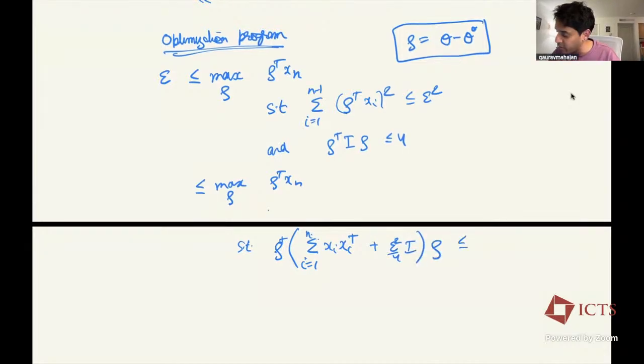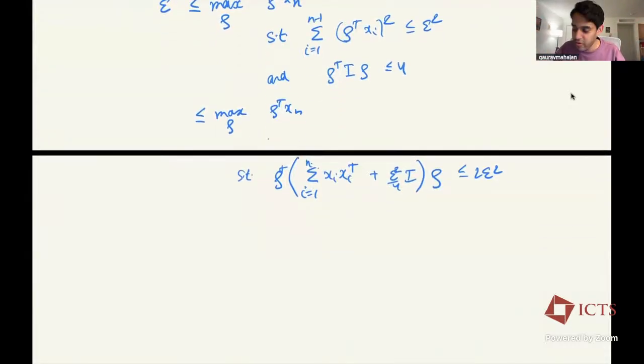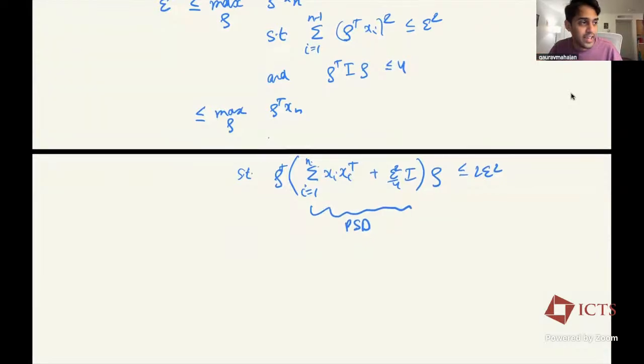I just want to make them the same scale. Okay, so anything which satisfies the upper constraints will satisfy the lower constraints, but the other thing might not be true. So it's a slightly bigger set. Okay, and so this is a PSD matrix. And this is exactly Vn. So this is basically saying that the value of this program is just root 2 epsilon square times xn's norm in Vn inverse space.